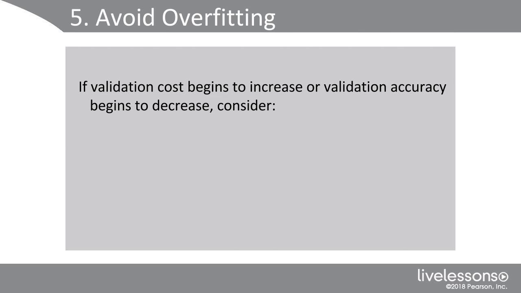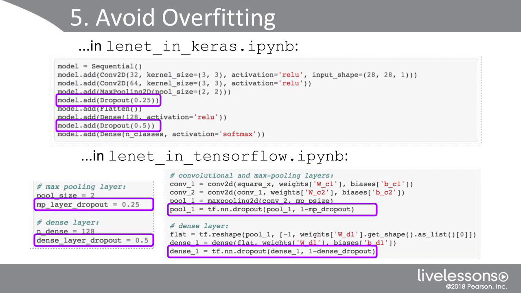So if you're seeing that after 50 epochs, your validation accuracy is reaching a peak, then you can stop your training right then. Early stopping is a common approach to avoiding overfitting. And then, of course, we also have dropout as an option. So playing around with the proportion of neurons that you're dropping out in your different layers and seeing how that affects your validation accuracy.